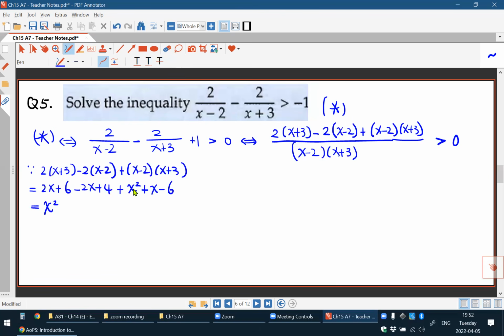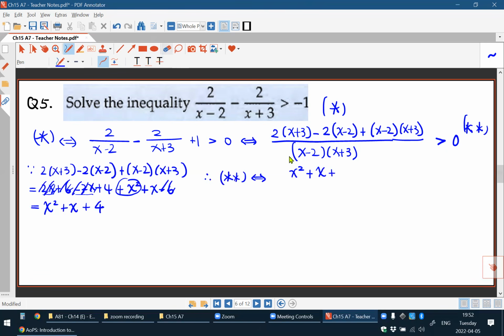Equals x squared. Then 2x minus 2x cancel with each other, plus x. Then 6 minus 6 cancels, then plus 4, right? Okay, therefore, let's call this double asterisk is equivalent to x squared plus x.